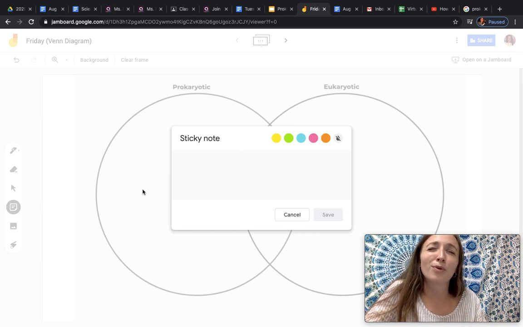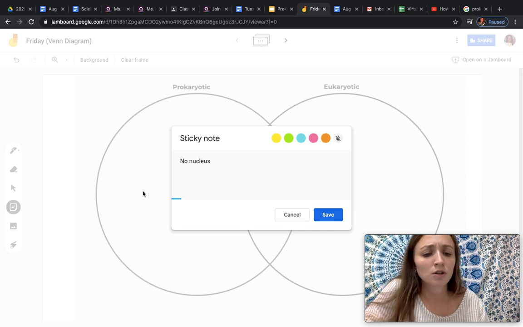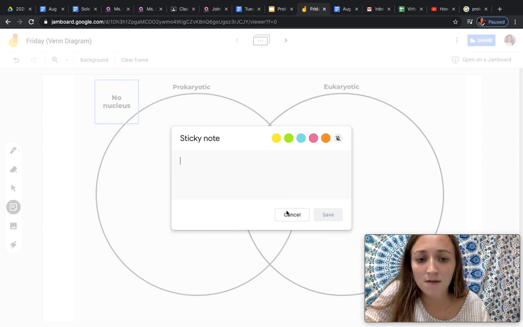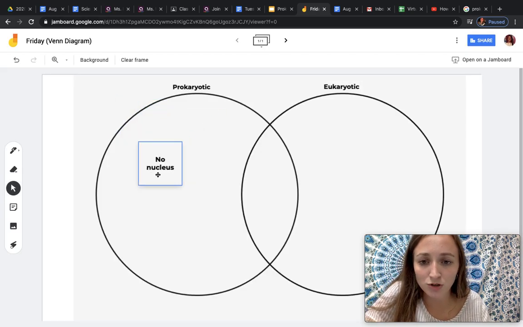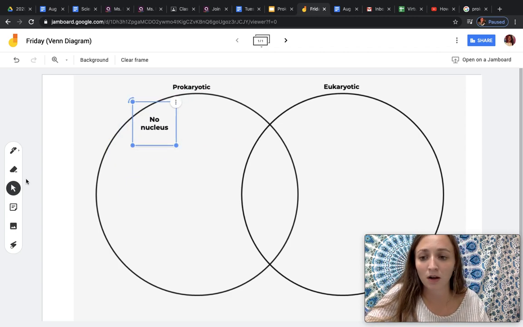Well, remember that pro rhymes with no. So that makes us think about how there's no nucleus. So we can type that. Save. And you see whenever you hit save, it posts it, and you can move it, drag it all around. So make sure it's posted under prokaryotic because that's where it belongs.